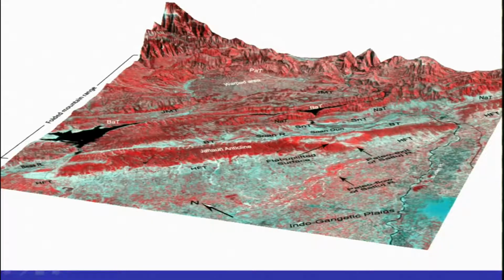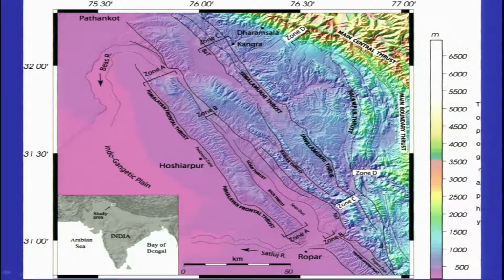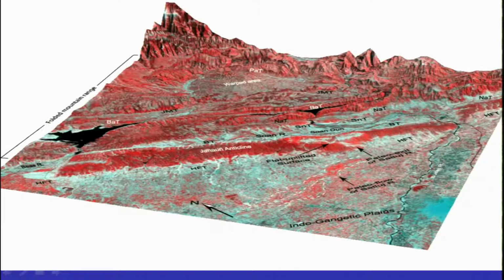So, as one example, this is the 3D perspective view of the same area, looking from here towards this side, and what we see in terms of the elevation change here is a very sharp demarcation over here.